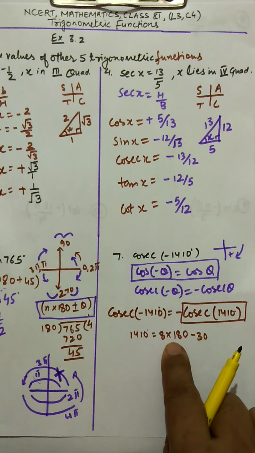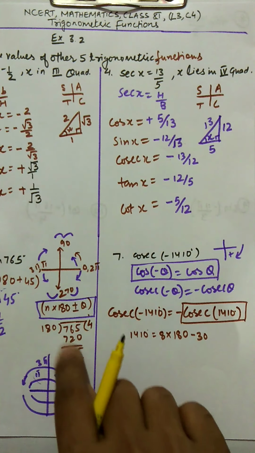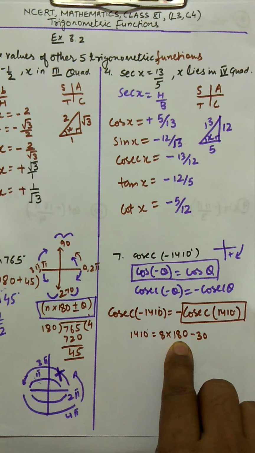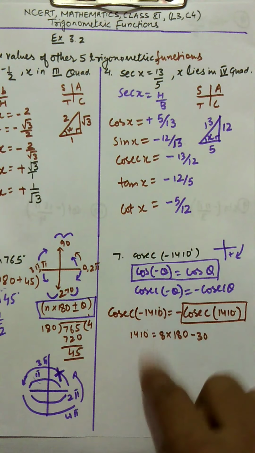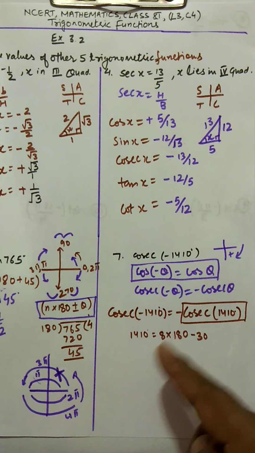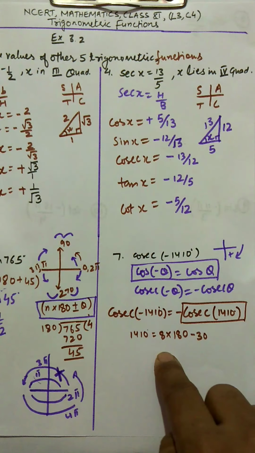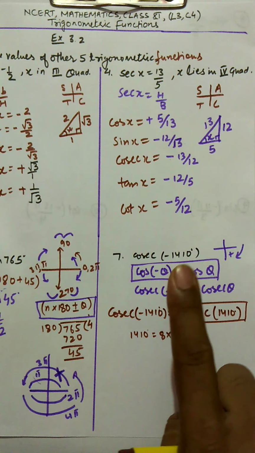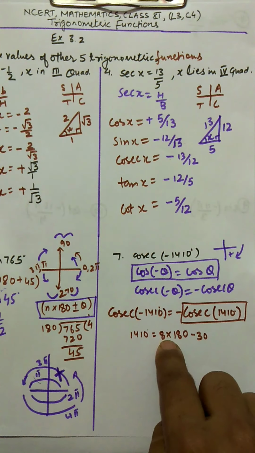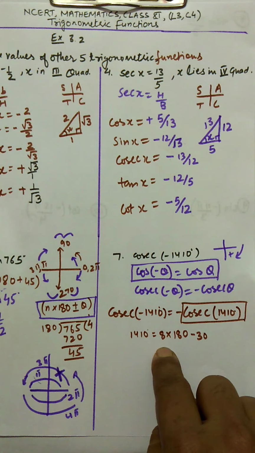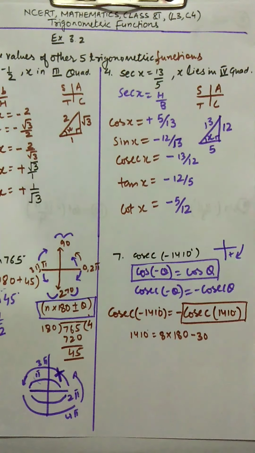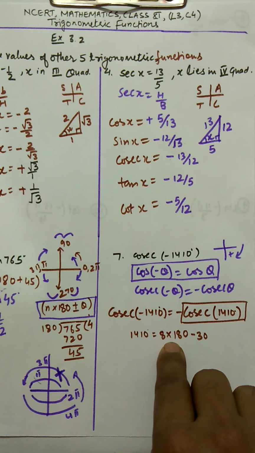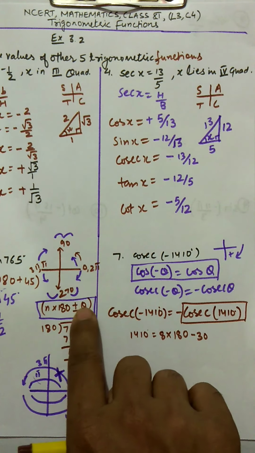You can simplify this yourself. 2 into 180 is 360. So how many revolutions can you see? There are 3 revolutions: 360, 360, then 360. So 2 pi for one revolution, then 2 pi again, one more revolution. We will check. So this 1410 can be written that way. You can simply divide it and convert it into this form.